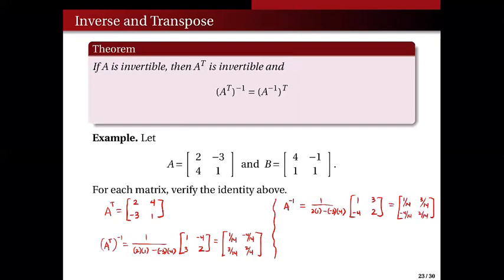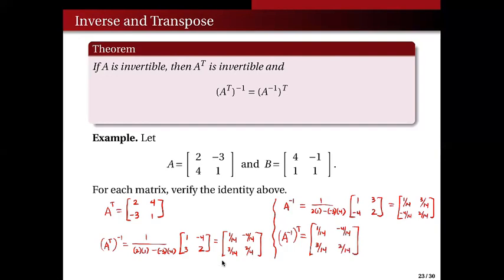If we get the transpose of this, so A inverse transpose, this row here becomes a column. So we have 1 over 14, 3 over 14. This row here also becomes a column. So negative 4 over 14, 2 over 14.